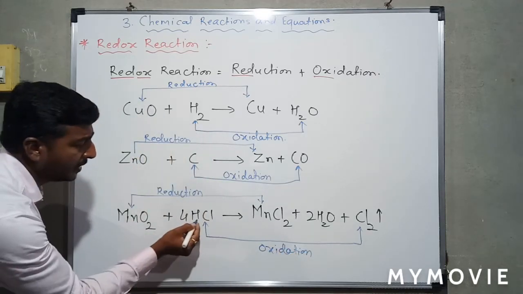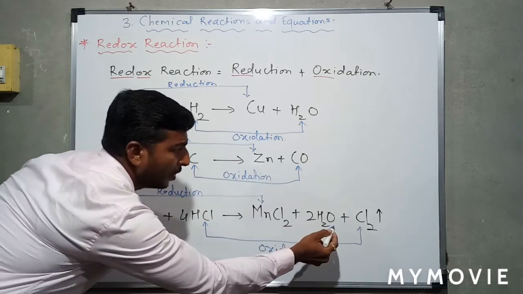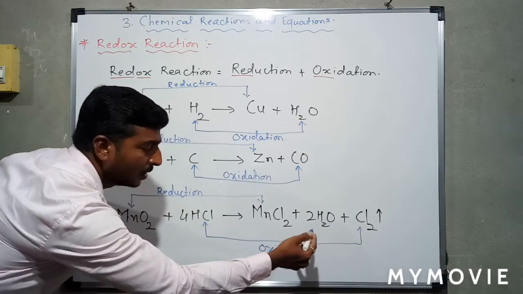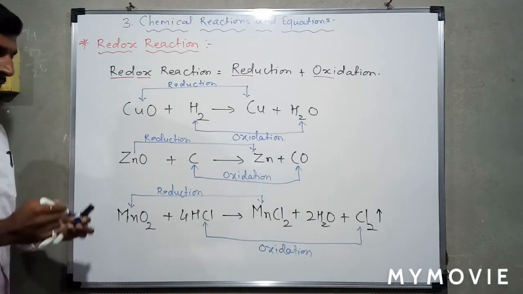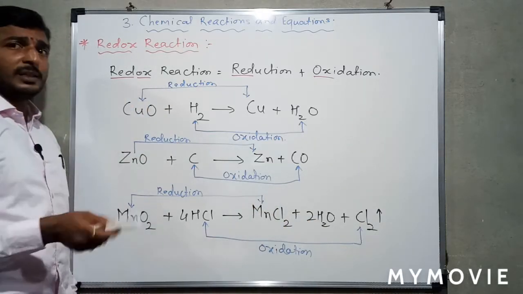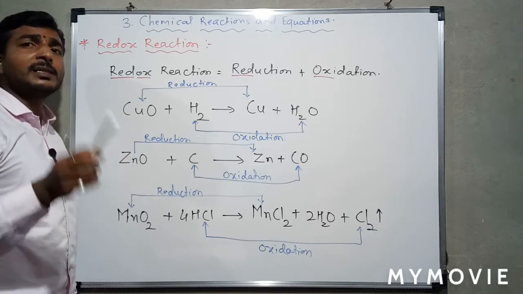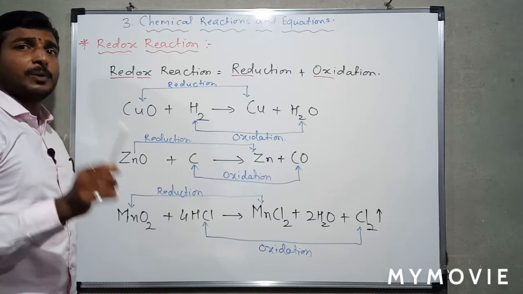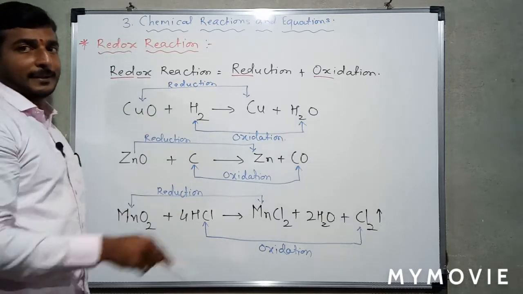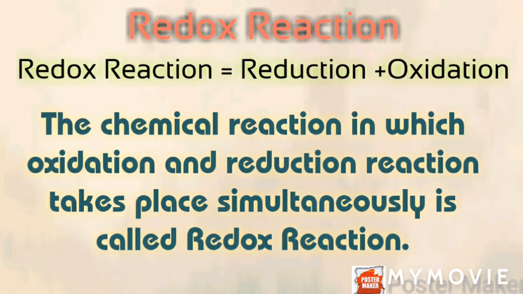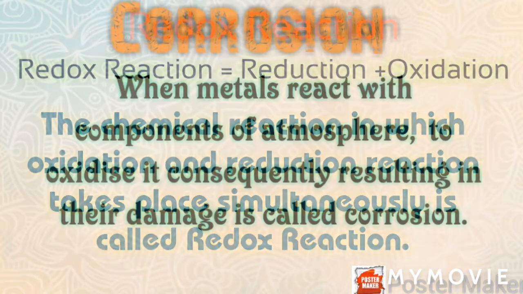At the same time this hydrogen is getting oxygen to form water molecules, so it is also oxidation. So the reaction in which oxidation and reduction take place simultaneously is called a redox reaction. Redox reaction is equal to reduction plus oxidation. The chemical reaction in which oxidation and reduction reactions take place simultaneously is called a redox reaction.